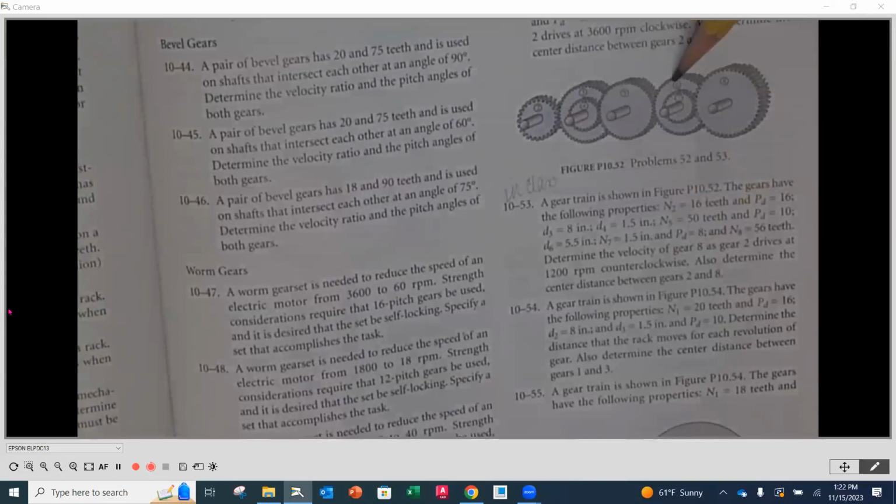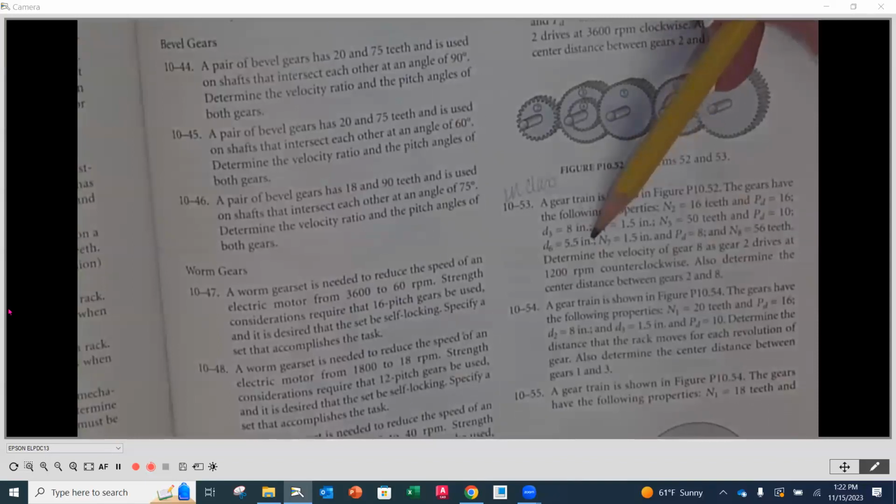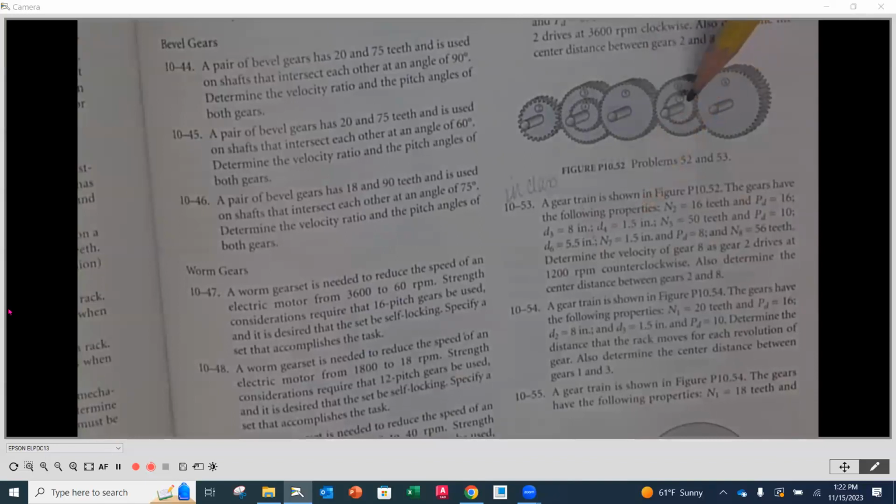Number 6 is engaged with number 5 as well. 5 is an idler, right? For number 6, they give us the pitch diameter of 5.5. Then number 7 has a 1.5 inch pitch diameter and a diametral pitch of 8. And number 8 has 56 teeth.